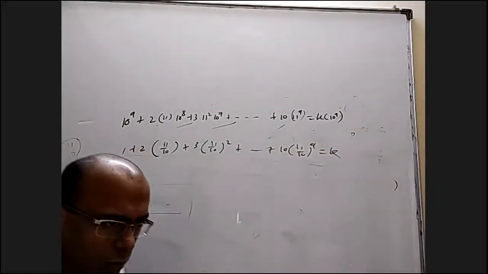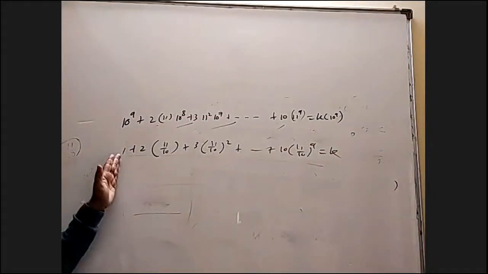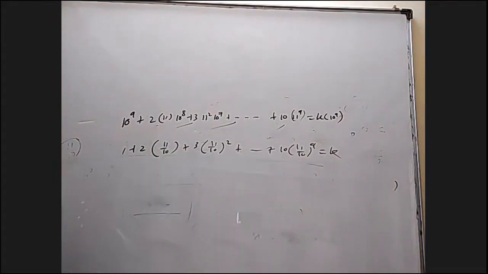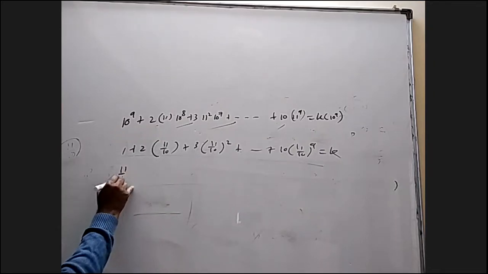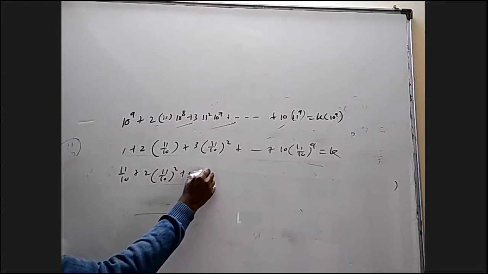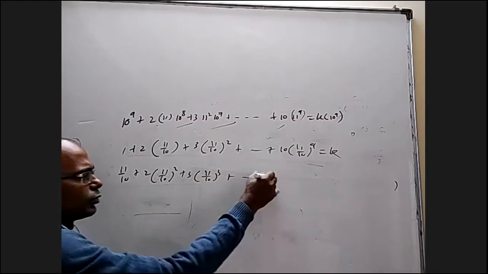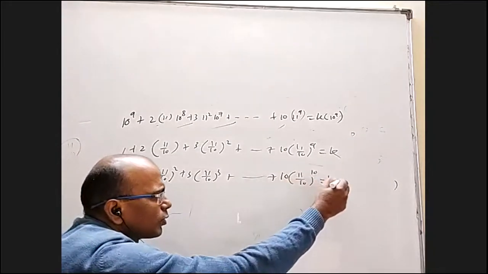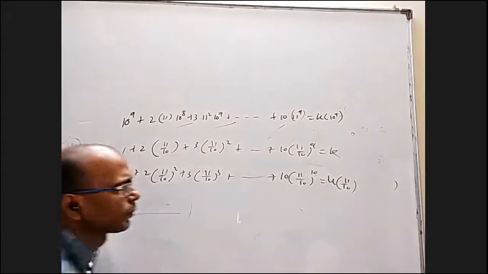This is more convenient, where you can see 1 plus 2x plus 3x square plus up to 10x power 9. Still it is AGP. Still the method is multiply by 11 by 10 and subtract, but it is easier to manage. You will get 11 by 10 plus 2 into 11 by 10 whole square, 3 into 11 by 10 whole cube, up to 10 into 11 by 10 whole power 10, is equal to k into 11 by 10.